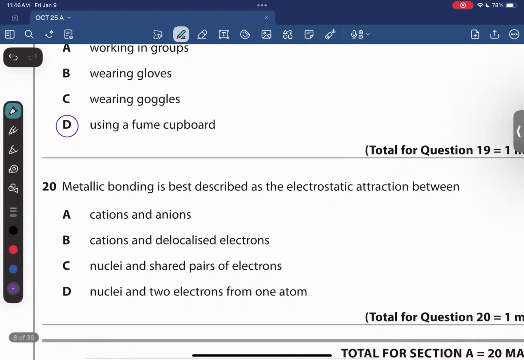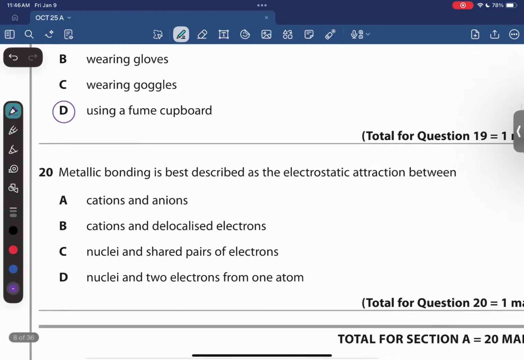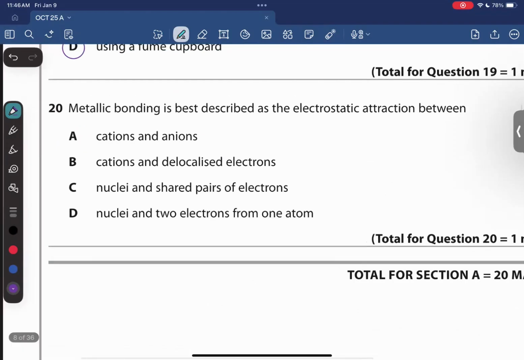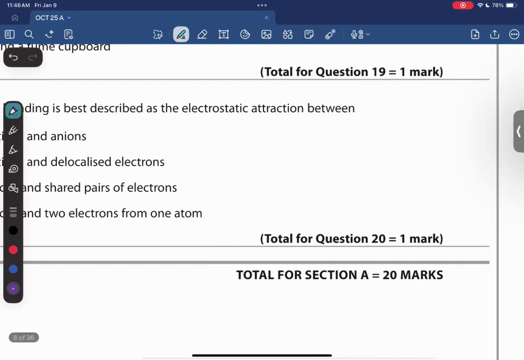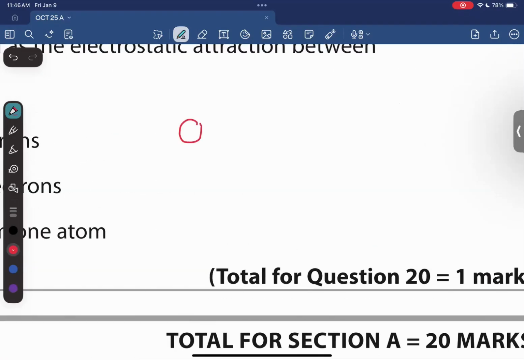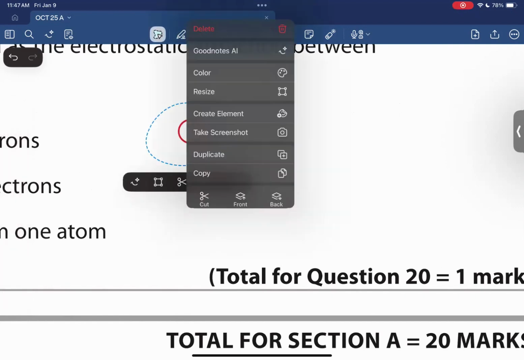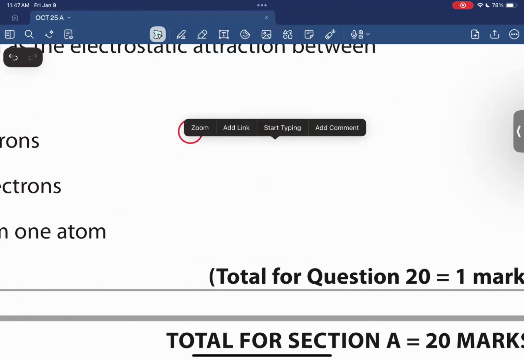Metallic bonding is best described as the electrostatic force of attraction between the cations and the delocalized electrons. Okay, so assume that these are the metals. Let me help you to visualize this.